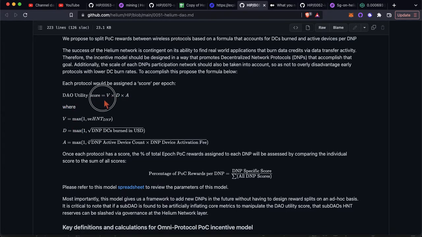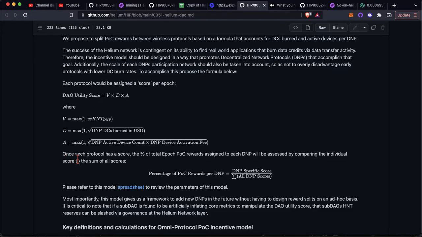Again, here, simple multiplication. It's just multiplying three numbers together. And these numbers represent how much VEHNT is staked times how much, we'll call it data, is flowing through that sub-DAO, times a rough count of how many active devices there are on that sub-DAO.